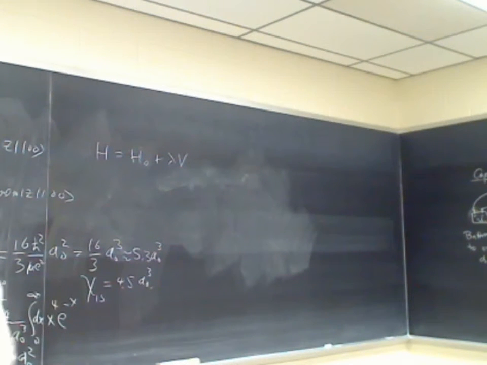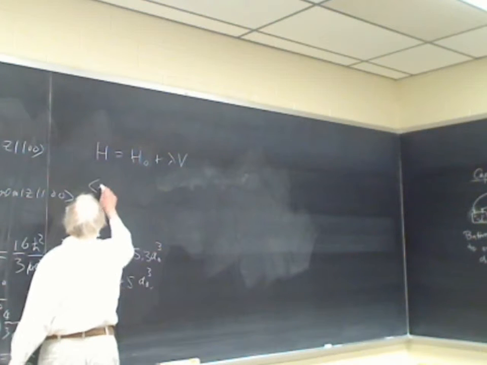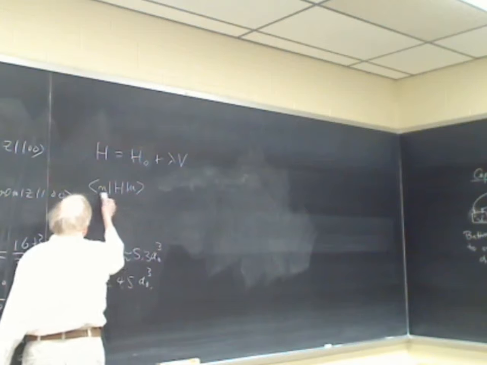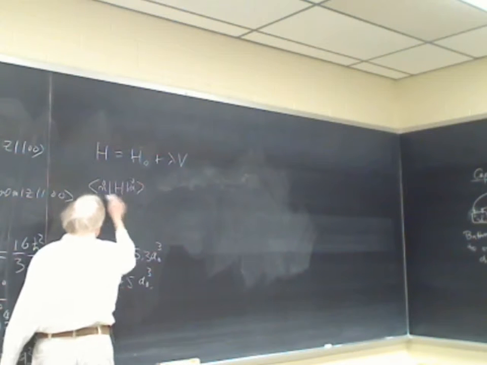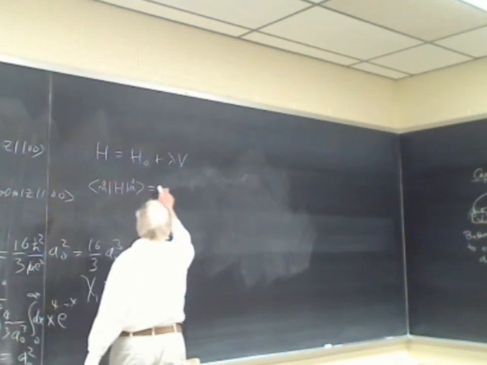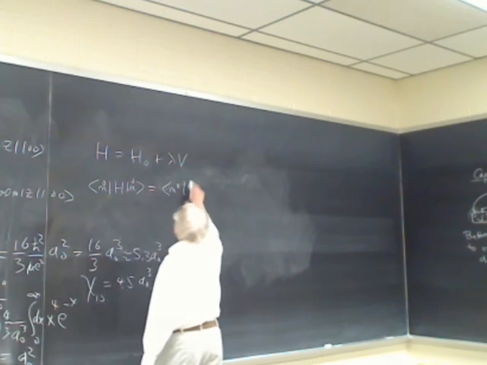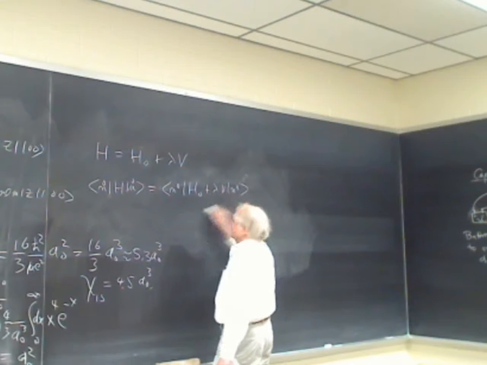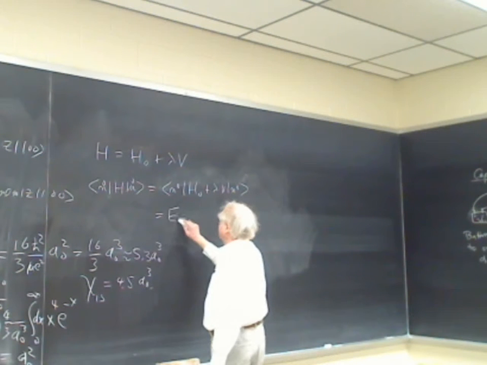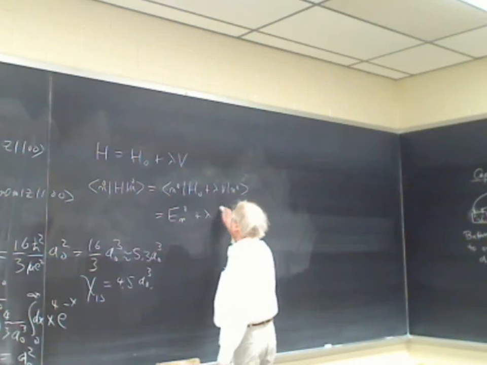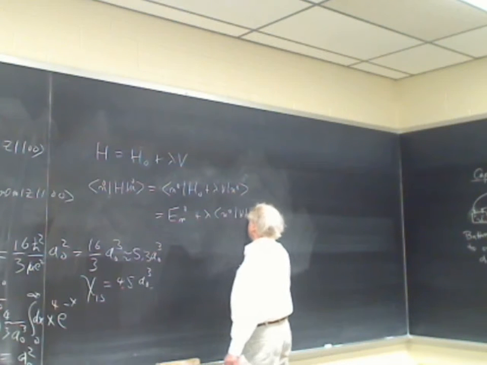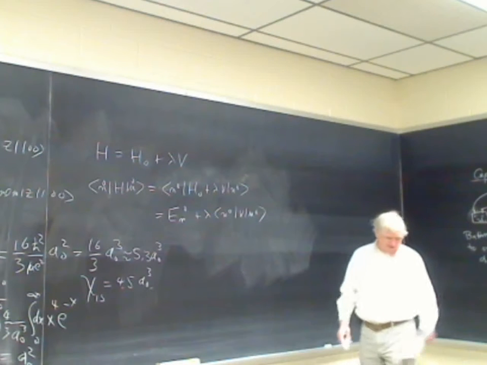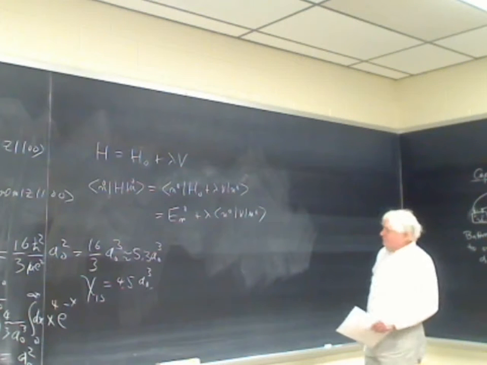Well, in non-degenerate perturbation theory, you just write down the mean value of the Hamiltonian in the nth level, which is <n0|H0 plus lambda B|n0>, and this gives you En0 plus lambda <n0|B|n0>. So that's what you do in non-degenerate perturbation theory.